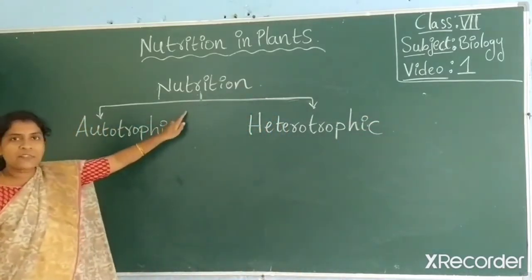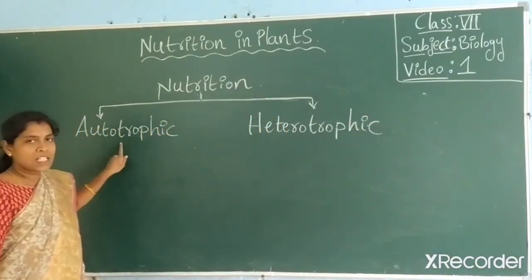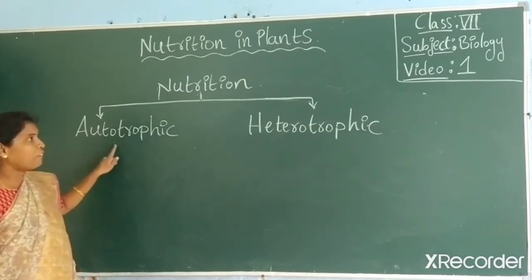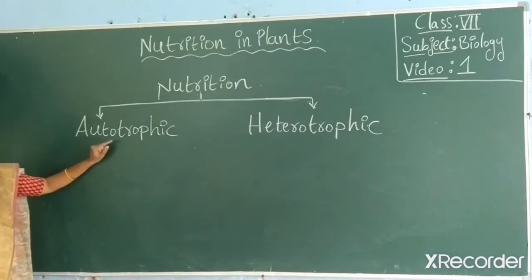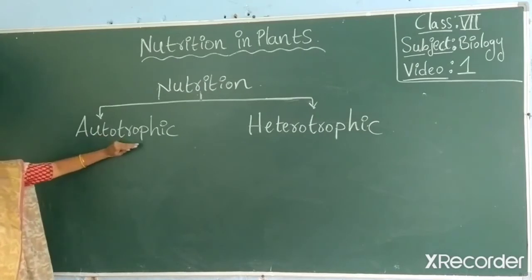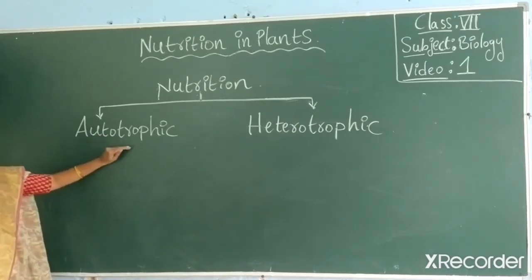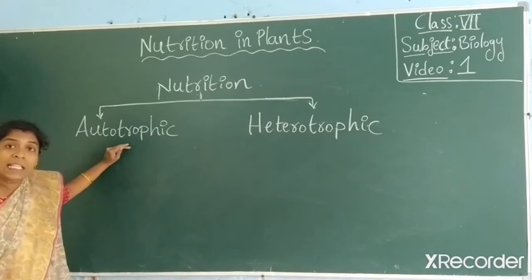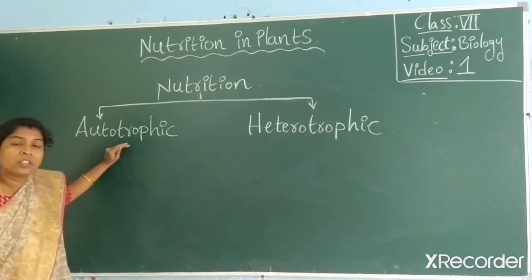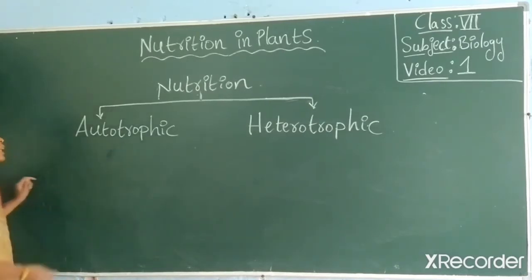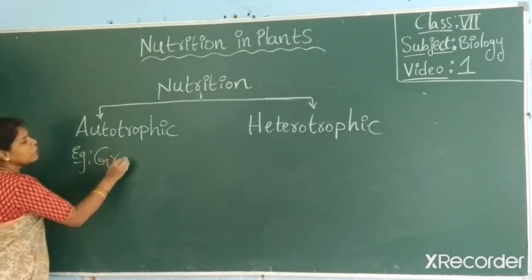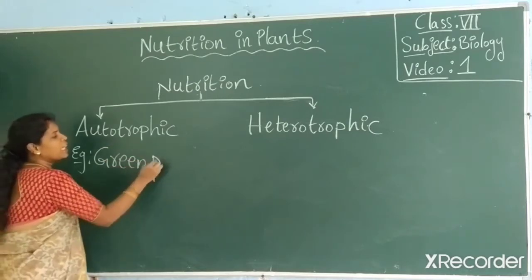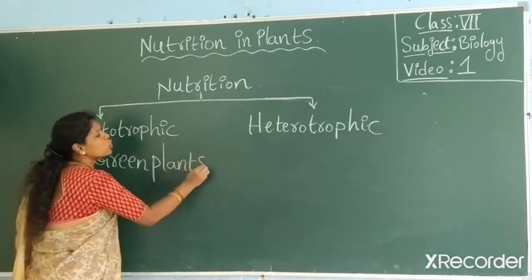So nutrition is further classified into two types: autotrophic and heterotrophic. Again, autotrophic is not classified into any other groups, because autotrophs themselves can make their own food. The organisms who can make their own food, we already know, are green plants. Green plants are autotrophs.